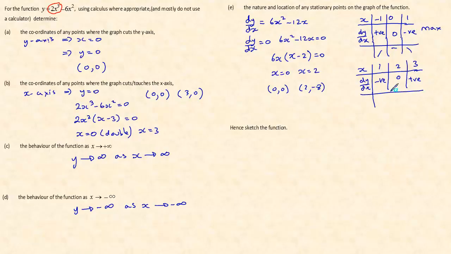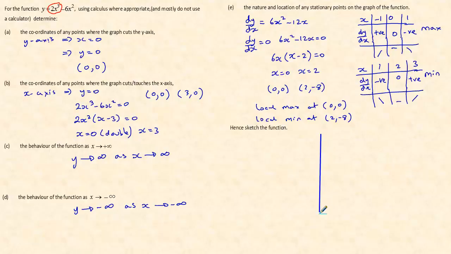So this one is going to go down, across, up, so that one is a min. So we have a local max at 0, 0, and a local min at 2, negative 8.